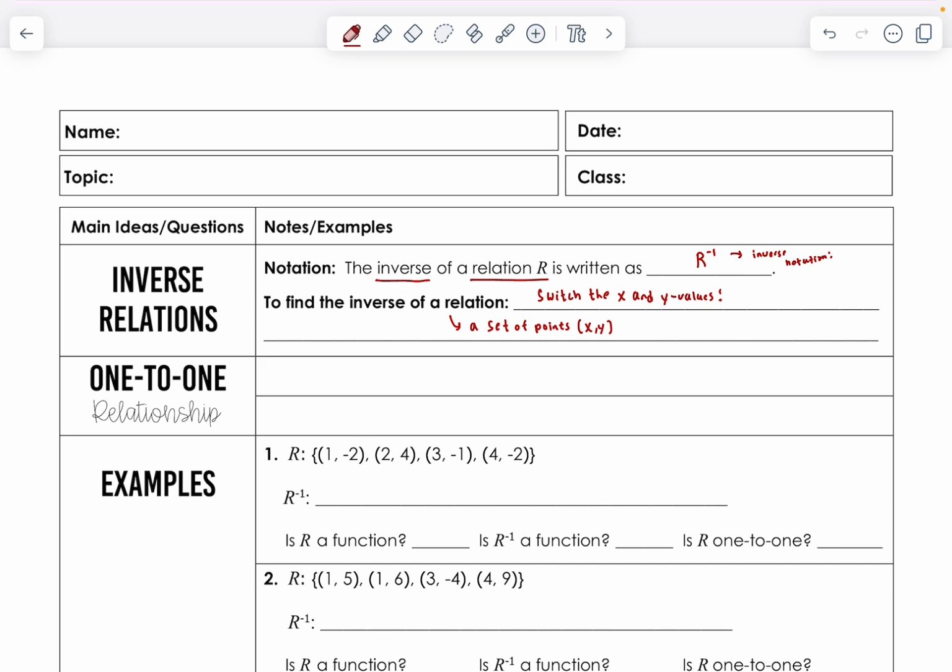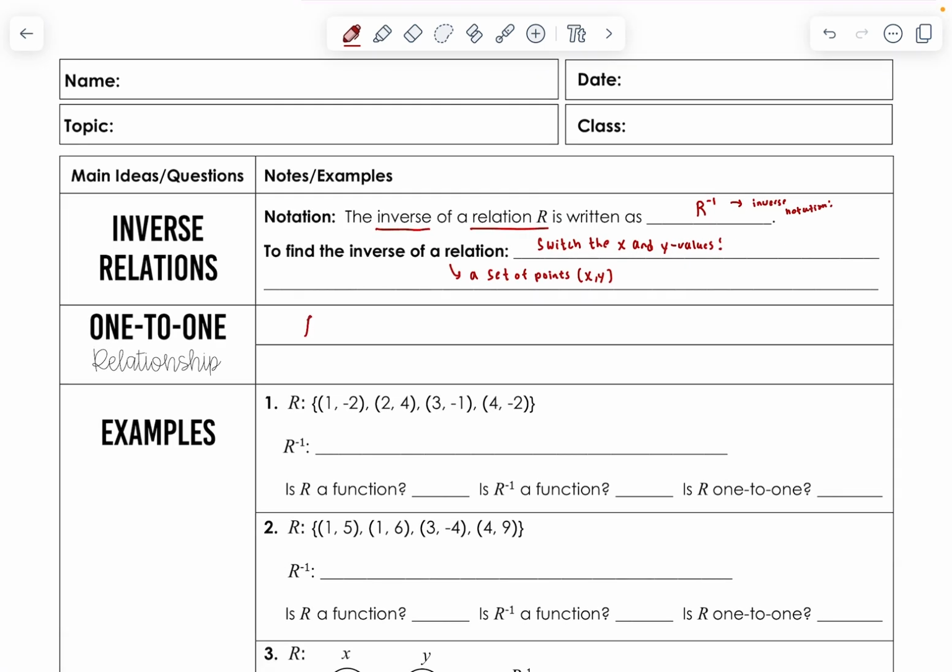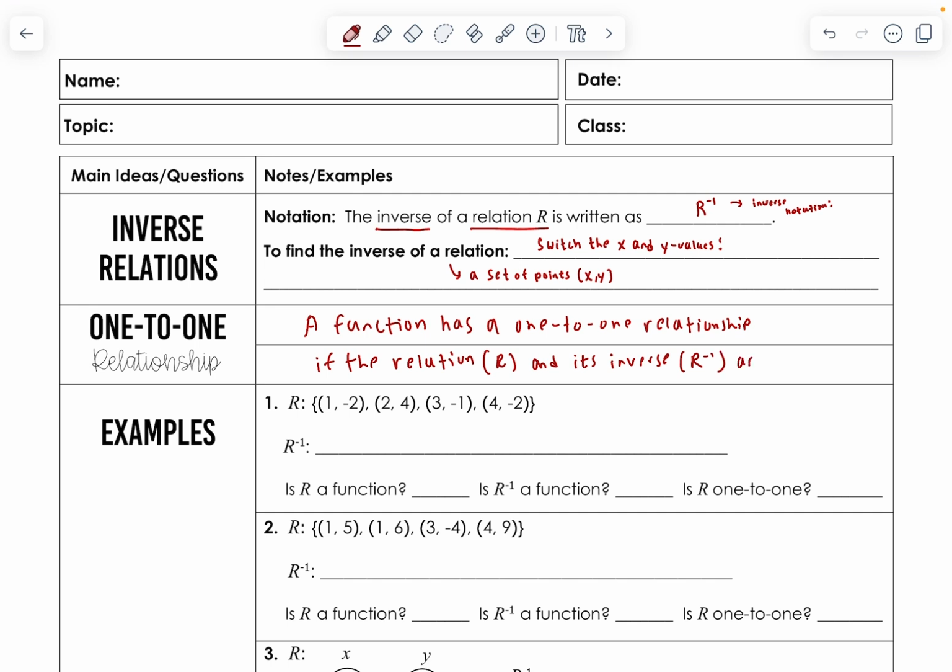In order to be one-to-one, a function has a one-to-one relationship if the relation R, and that's key right there, and its inverse are functions.